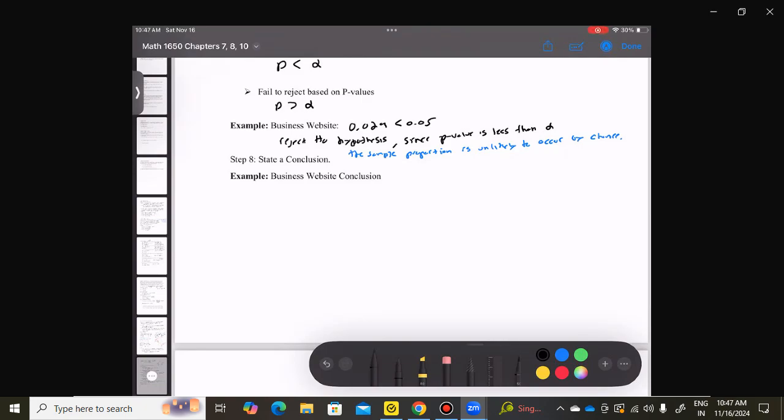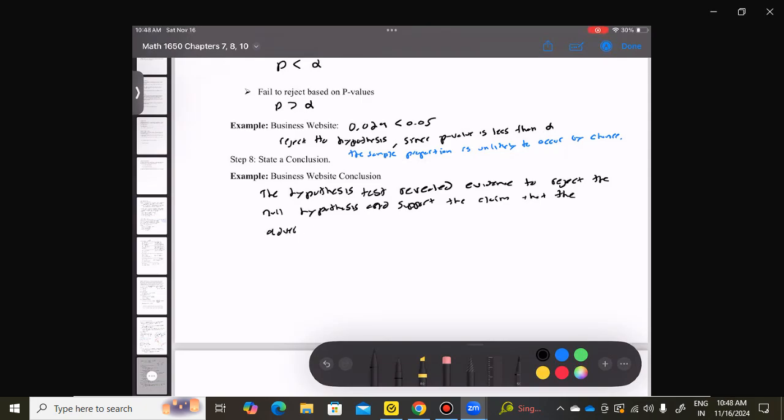So our conclusion for this could be written as: the hypothesis test revealed evidence to reject the null hypothesis and support the claim that the advertising ads have changed the proportion of customers that viewed the website.